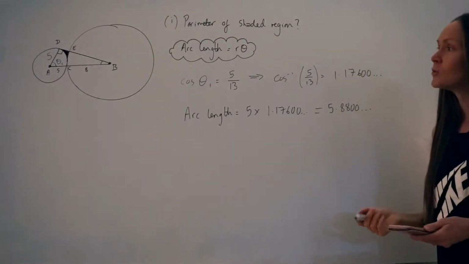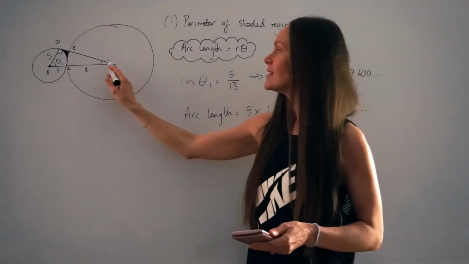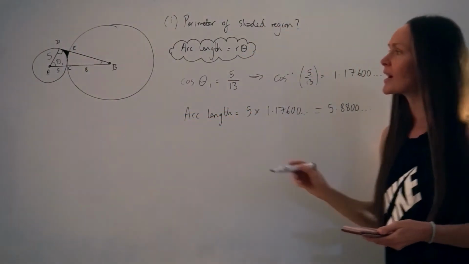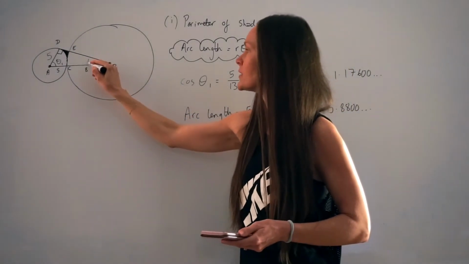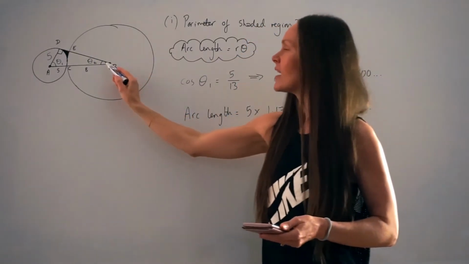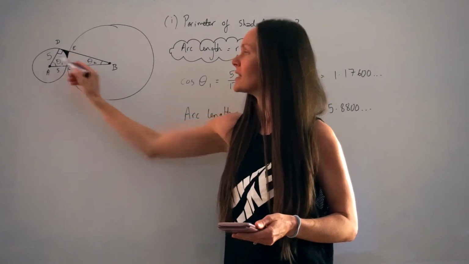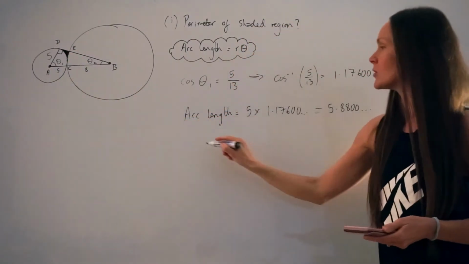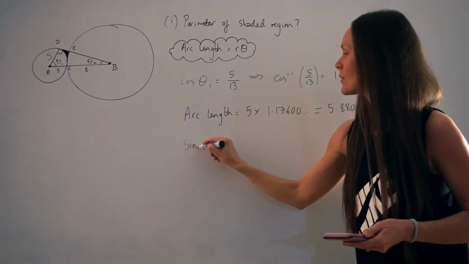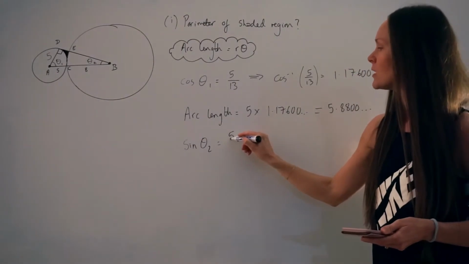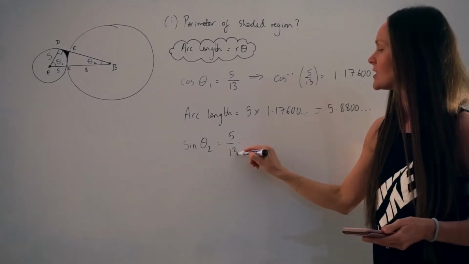Next we have to do the same thing but for this sector here in the larger circle. So we need to work out this angle here, theta 2. This time I can see I know the length of the opposite side in the triangle and the hypotenuse. So this time I'm going to use sine theta, and remember it's equal to the opposite length, 5, over the hypotenuse, which is 13.